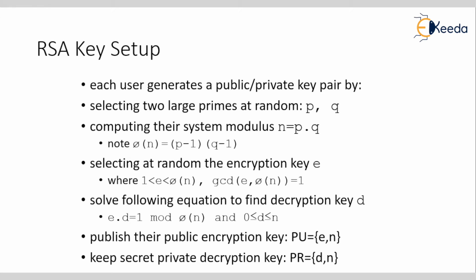Then we solve the following equation to find the decryption key D: E times D is congruent to 1 mod phi of N, which should satisfy the condition 0 less than D less than N. From these steps, we get the public key and private key pairs, which are PU, a pair of E, N, and PR, a pair of D, N.